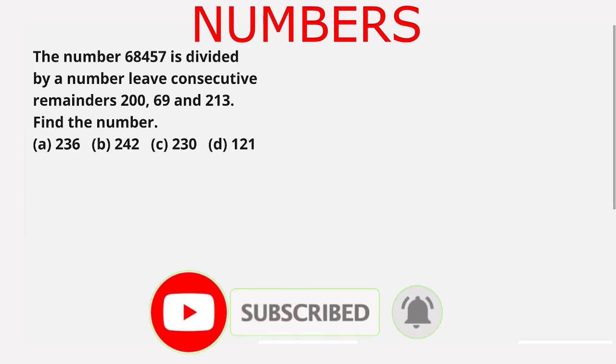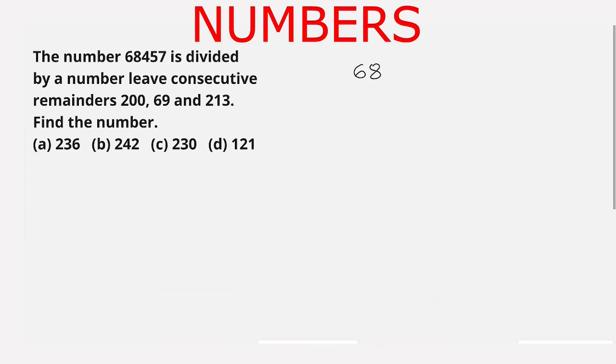The given number is 68,457. As there are consecutive remainders, 200, 69 and 213, we leave the last 2 digits, which are 57, and we start dividing the number.